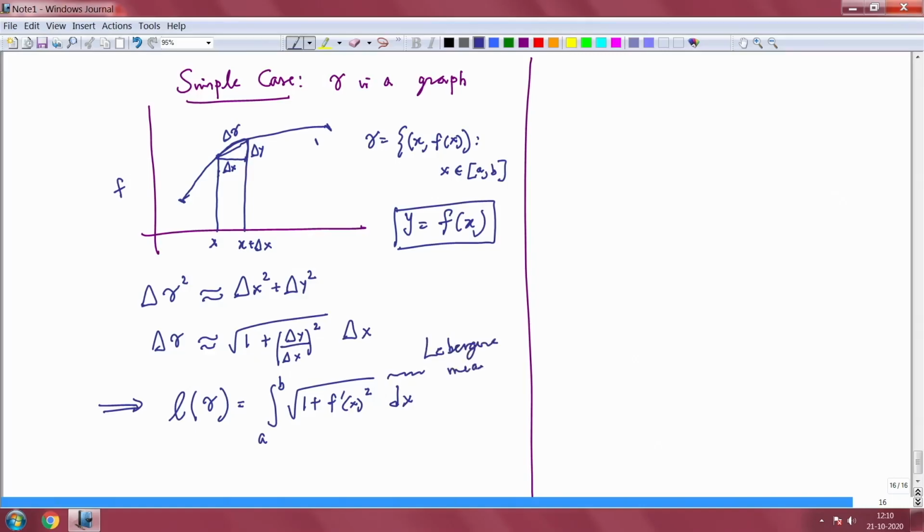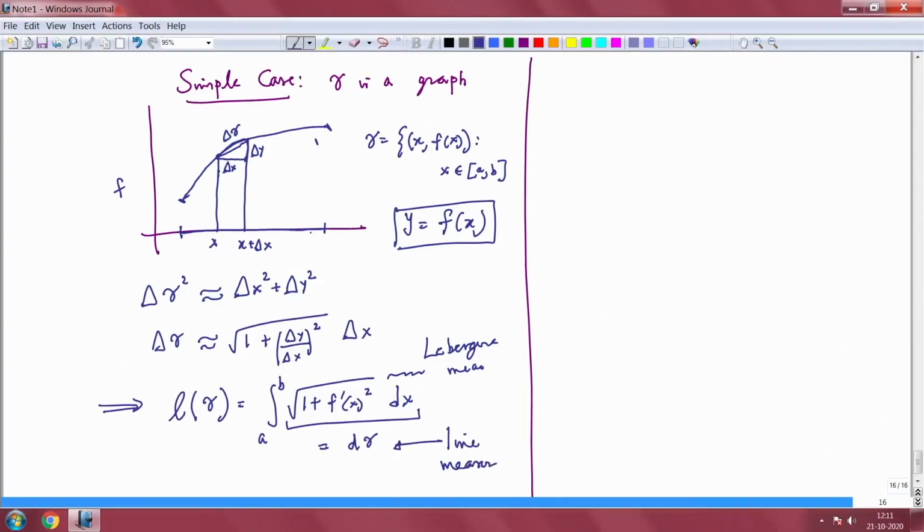You are basically integrating here. This length is different from this length, and you need this factor. So, d gamma is given by this measure: the square root of 1 plus f prime of x squared times dx. You have a multiplying factor together with your Lebesgue measure. That is the kind of intuitive picture you want.